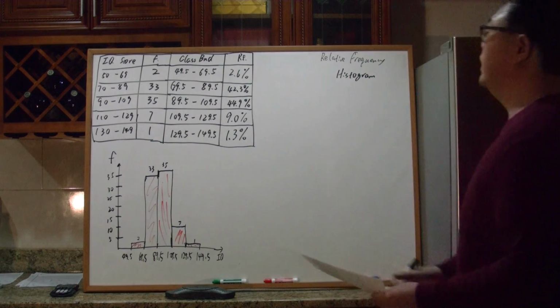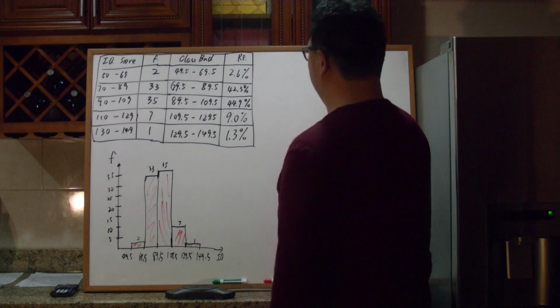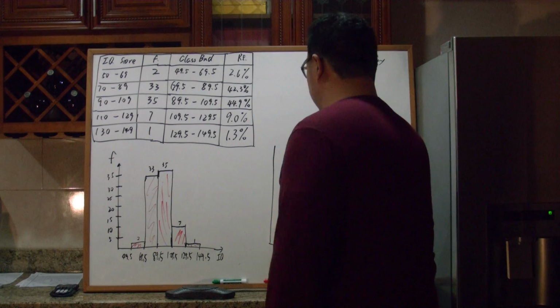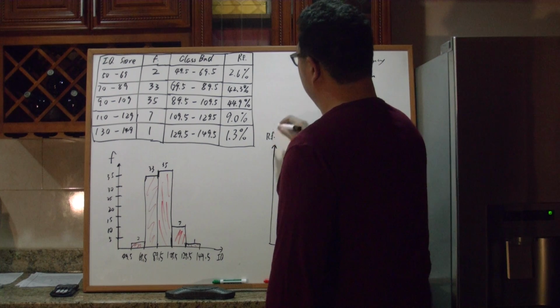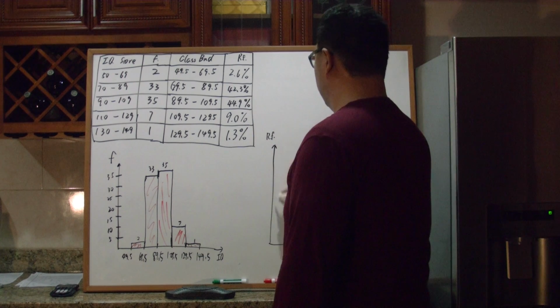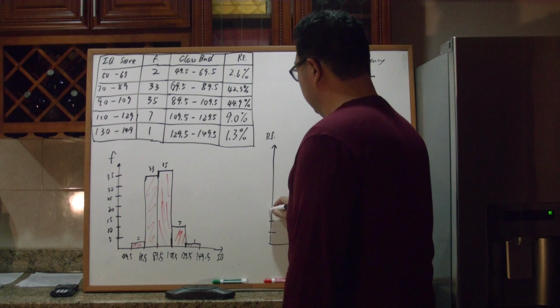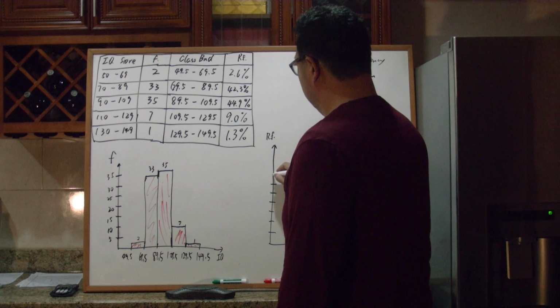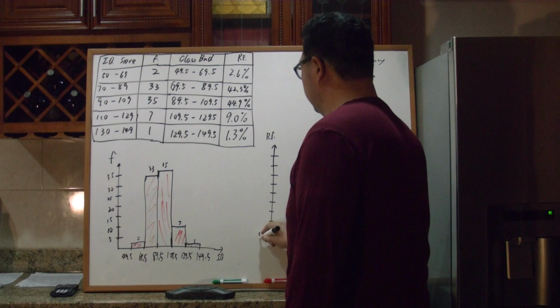So for the relative frequency, we construct basically the same thing. IQ score, the highest is up to 45%. Five percent each.